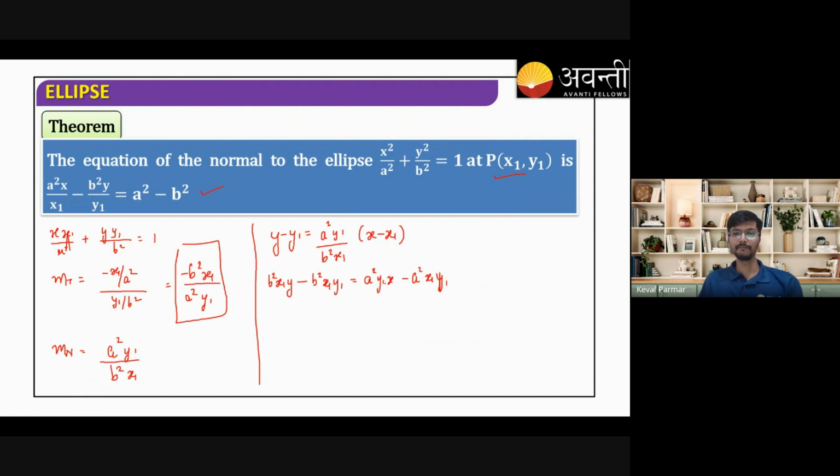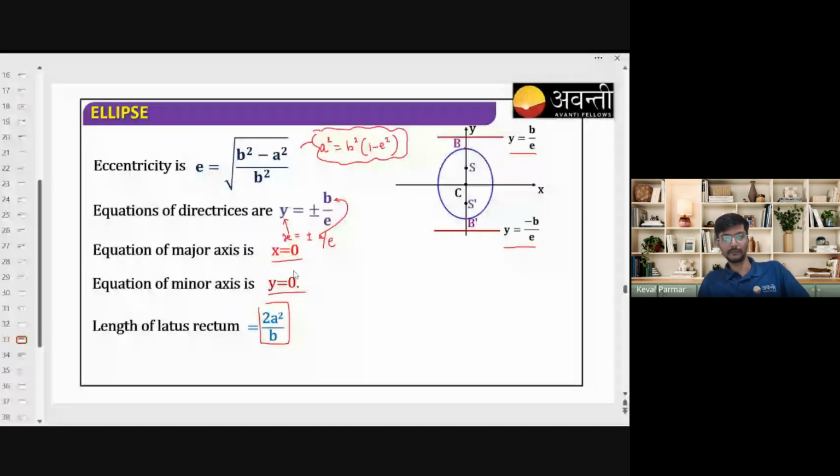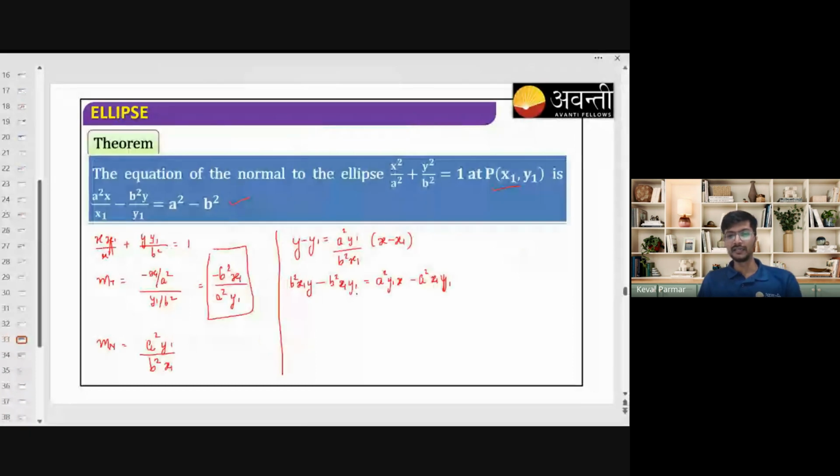I am taking this term and this term on right hand side. So I get a square y1 x minus b square x1 y is equal to the rest of the terms on the left hand side. So a square x1 y1 minus b square x1 y1. So I can take x1 y1 common and I'll get a square minus b square.